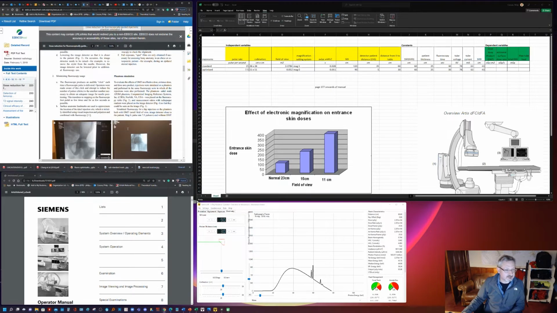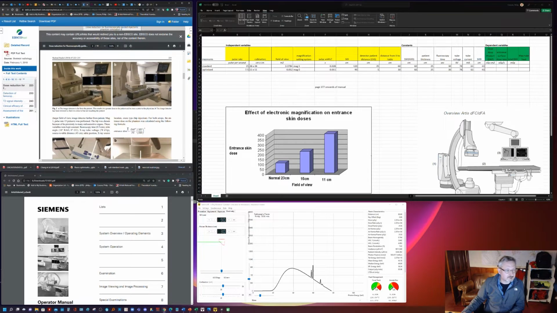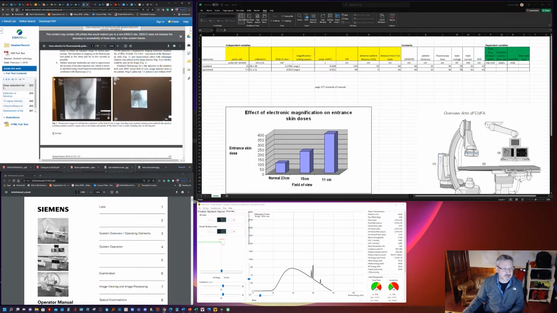In fact, we can see the images that they've got here. So as you can see, they were leaving a really big gap between the image intensifier and the patient, and in the experimental condition, they're going to be bringing that gap down. So that's technically what we would call reducing the object image distance.